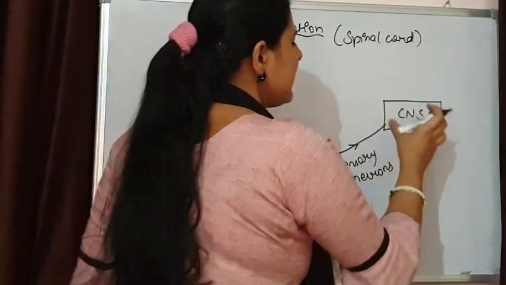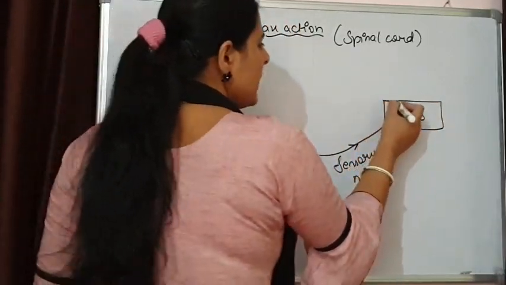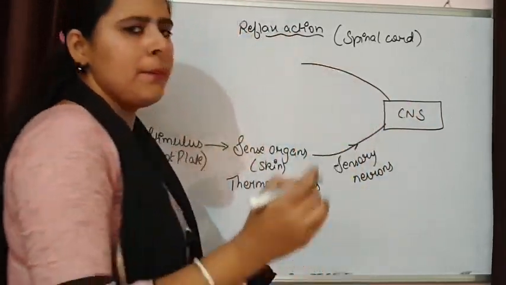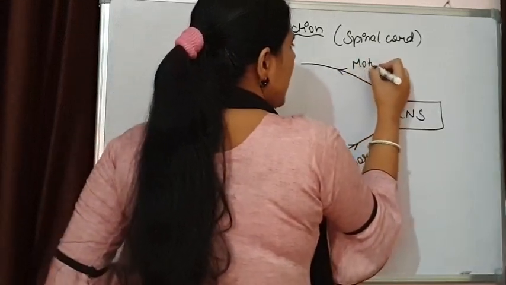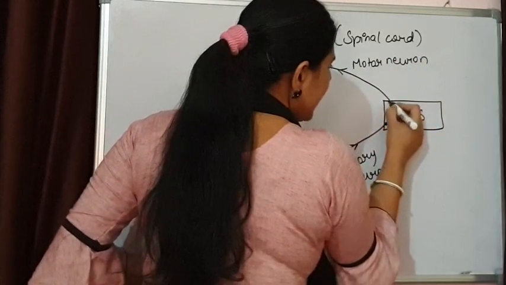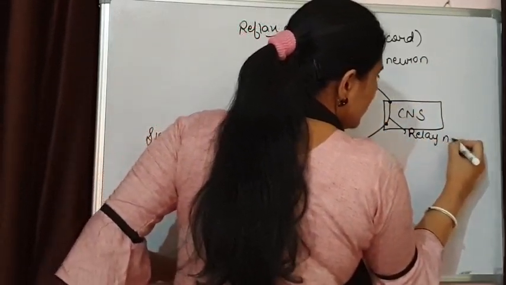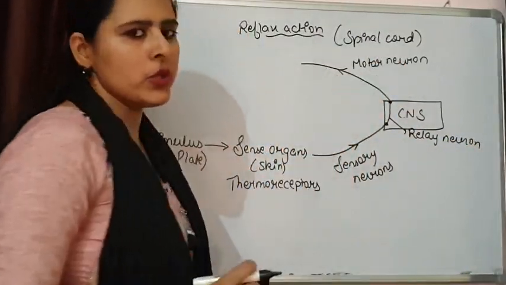Now this central nervous system will process the information and give a message back, and this message will be carried in this direction with the help of the motor neuron. Over here relay neurons are present. This is the relay neuron, and this relay neuron is going to join the sensory neuron with the motor neuron.